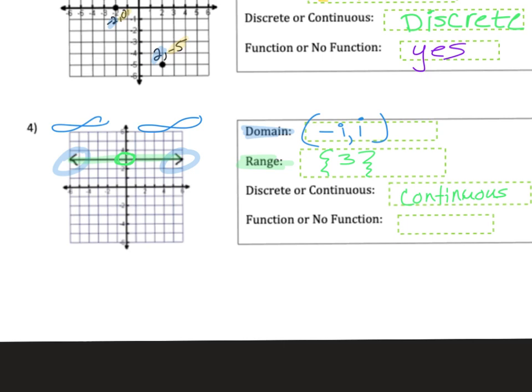Since you're only listing the one number, you're going to put the braces on either side of it. And then, is this a function? If I draw a vertical line through it, it only hits it in one spot, so it passes the vertical line test. So that would be a yes.